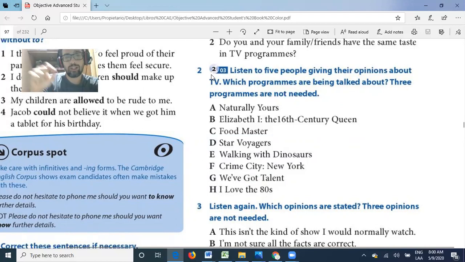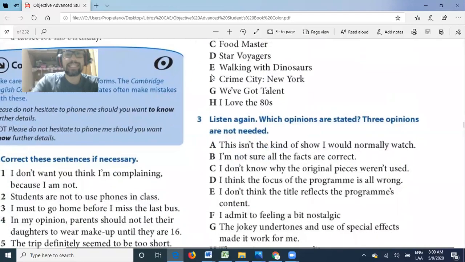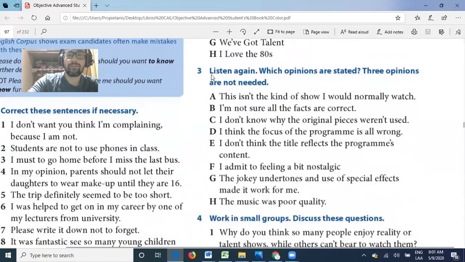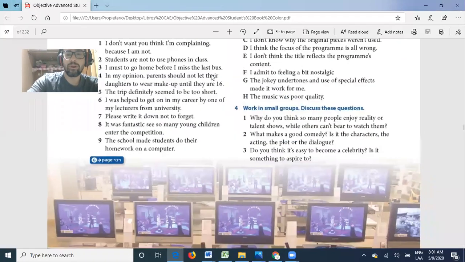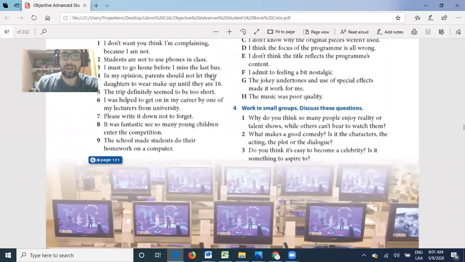You can just tick the ones that people talk about. Then listen again, and it says which opinions are stated. 3 opinions are not needed. Again, which are mentioned in this listening, and you can just tick them from A to H. And of course, we can end with some more speaking from 1 to 3.